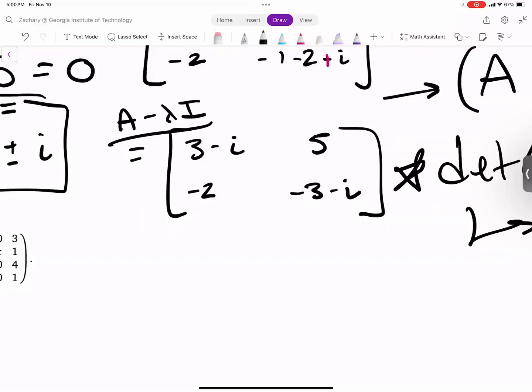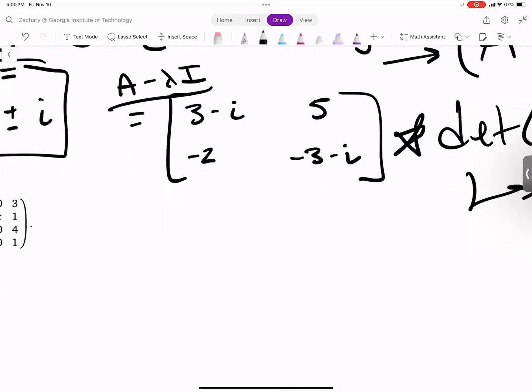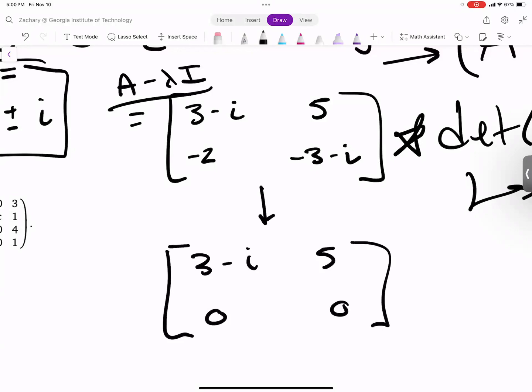So if I know I'm going to get a row of zeros, I can just move a step past this. I don't have to tell you that it's row 2 equals row 2 times some 1 plus i, something messy and a headache to think about. We know it's going to have a row of zeros, so we can just jump straight to it. That's how we get to the next step.